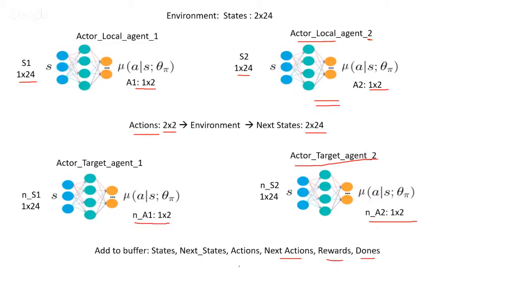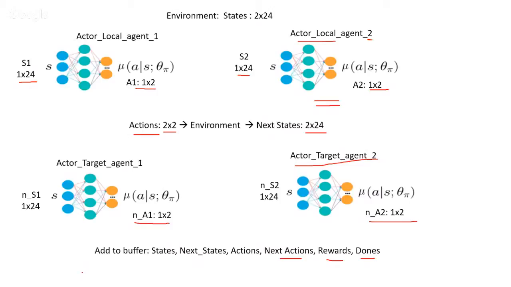Then actions, 2 by 2, next actions, 2 by 2, and then the rewards and dones that the environment gives me. I will stack them, make a tuple, and add it to the buffer, and I will wait until my buffer has enough experiences so that I can start sampling from it. As usual, we have seen this so many times.